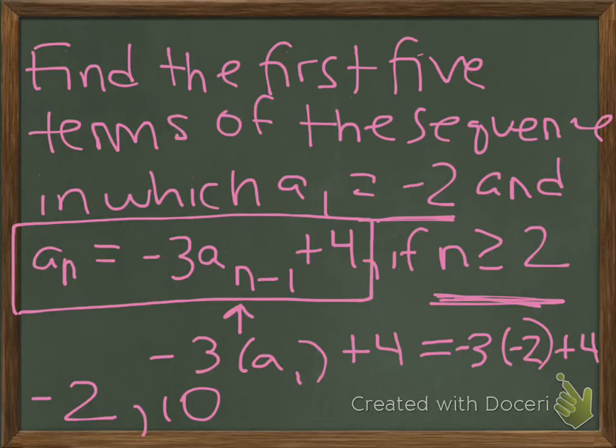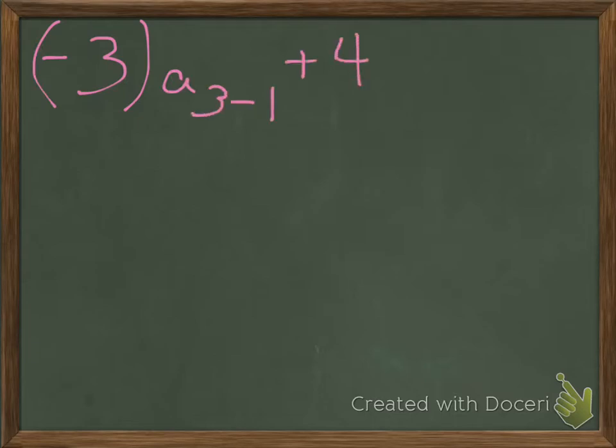Since it's going to build on the 10, we're going to plug in 3 for n. So we have -3 times a, and then 3 goes in for n, plus 4, like this.